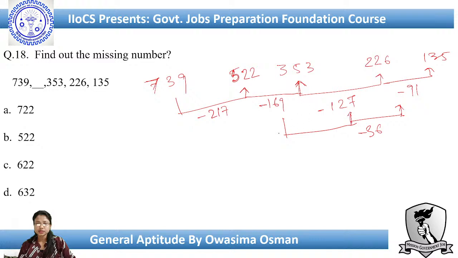Here we can see that 127 is less than 169 by 42, and 169 is less than 217 by 48, and again 36 is less than 42 by 6, and 42 is less than 48 by 6.